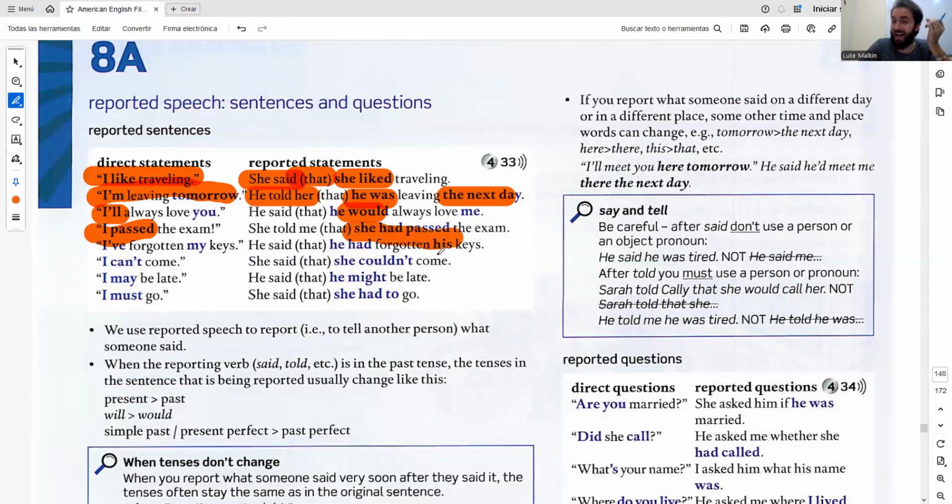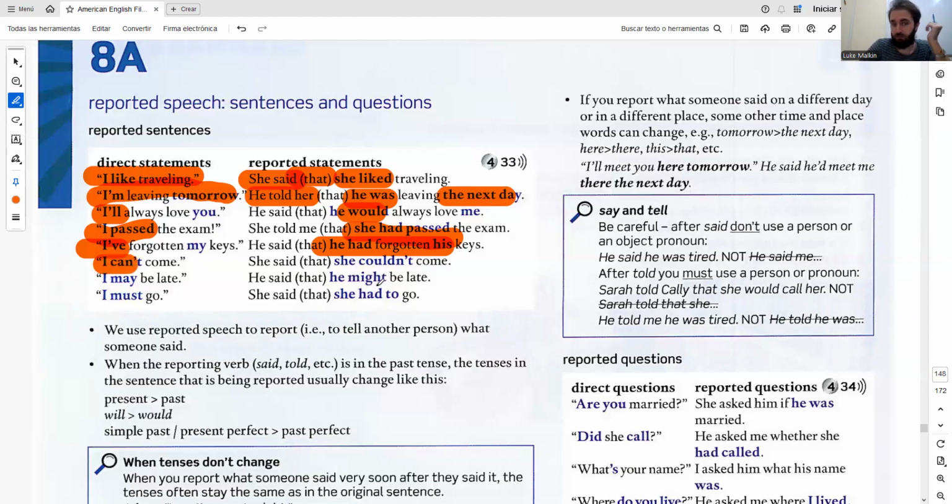Reported, she had passed the exam. She told me that she had passed the exam. Present perfect, I've forgotten my keys, also steps back into the past perfect. I've forgotten my keys. He said that he'd forgotten his keys. Not my keys, his keys.